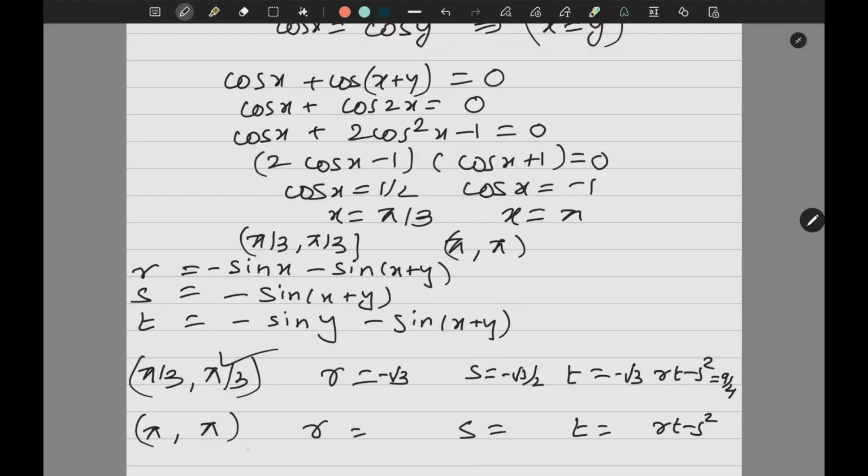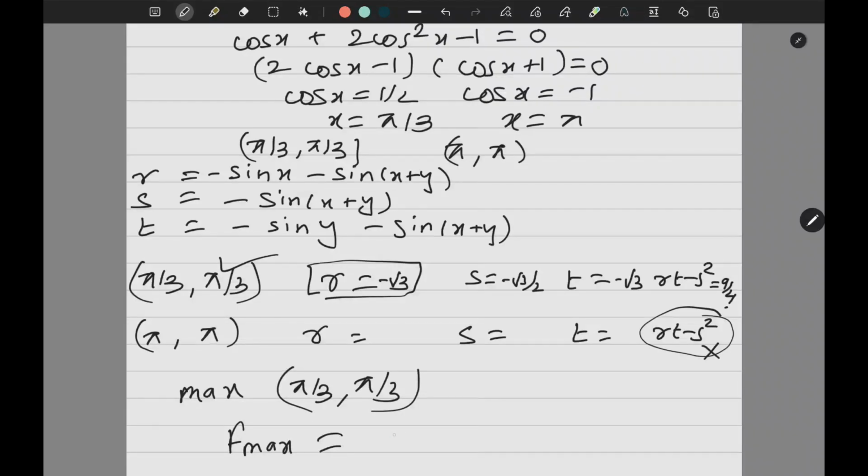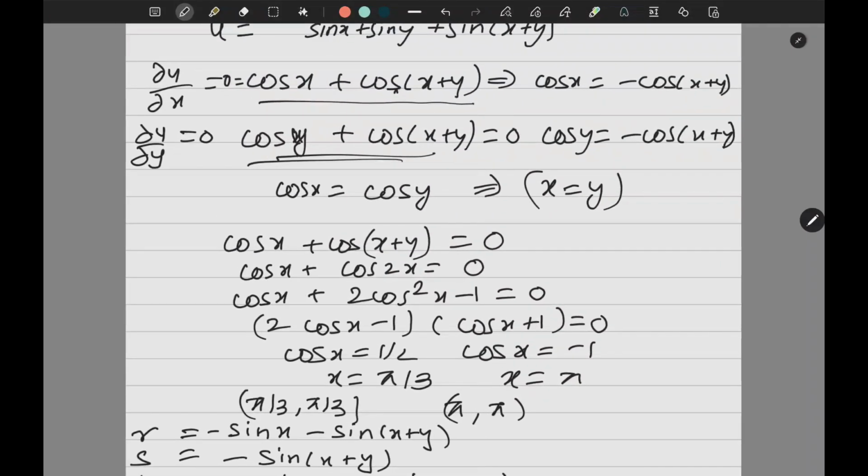So this will be a point where you will not get RT minus S square positive, so I will discard this point. Now, since I am getting RT minus S square positive here, check the value of R. Since it is negative, you can say that I have a maxima at (pi by 3, pi by 3). And the maxima value you will substitute in the function and you will get 3 root 3 by 2.